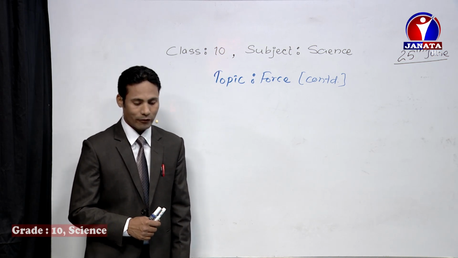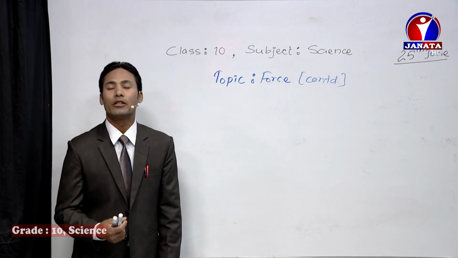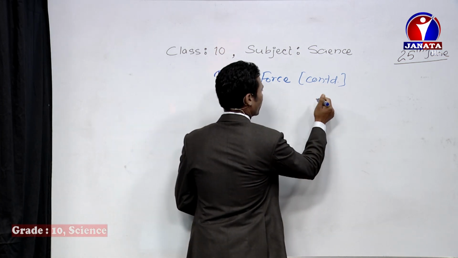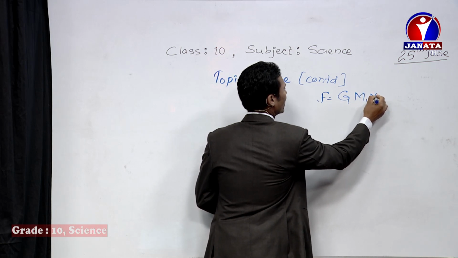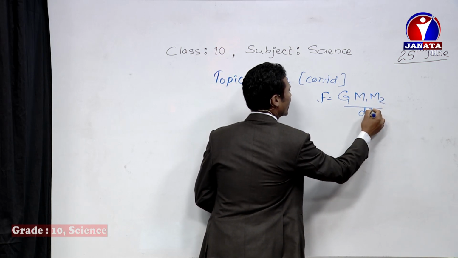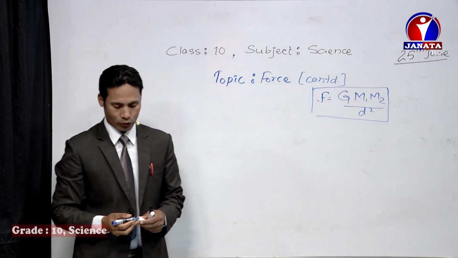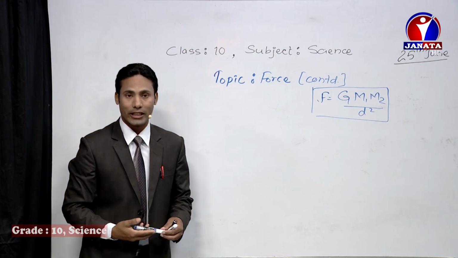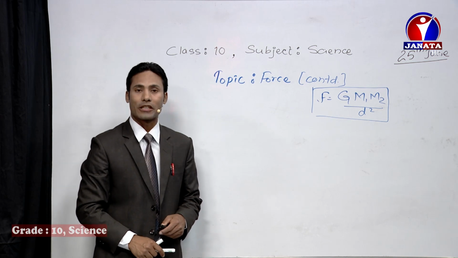And similarly, we have discussed the mathematical expression for Newton's universal law of gravitation that we derived: F equals G m1 m2 by d square. We also discussed the gravitational constant, capital G, its unit and its value in the first class.